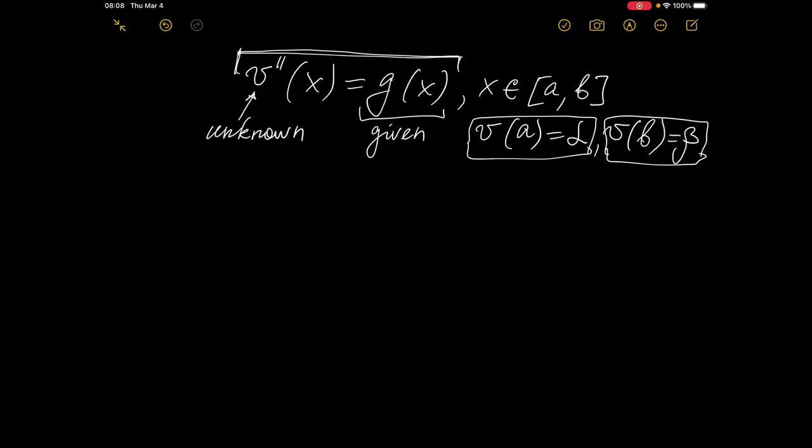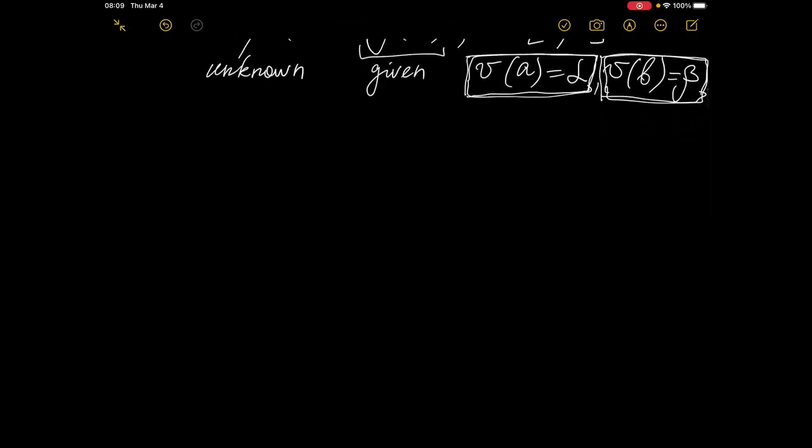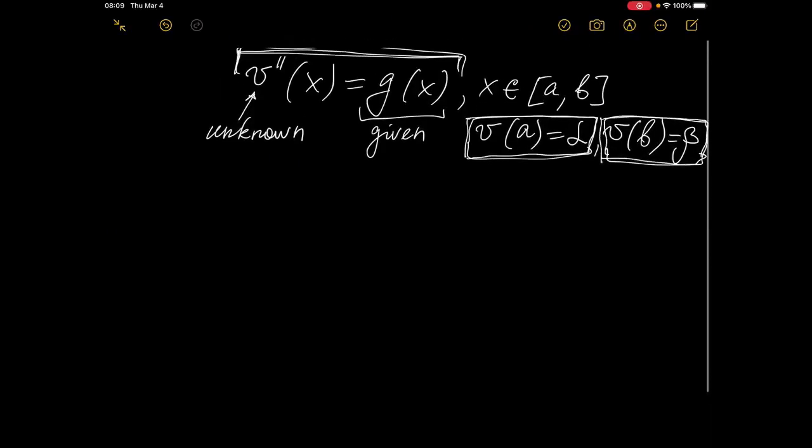Let's say we have an equation describing the propagation through the medium, and we have the neutron flux on the entrance of the medium and some boundary condition that neutrons go freely on the other side of the medium as well. Then we are trying to find this function v.